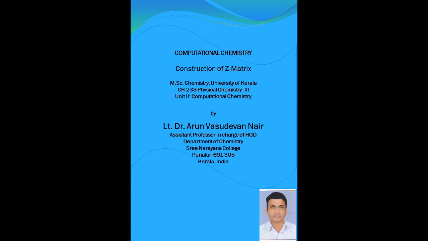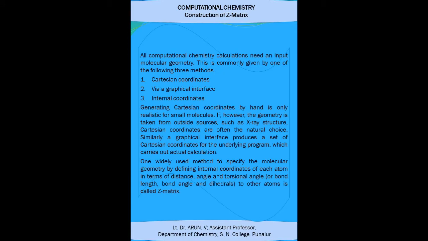Today, I would like to discuss the construction of Z matrix. All computational chemistry calculations need an input molecular geometry. That is, we have to incorporate a molecular geometry to a computer.